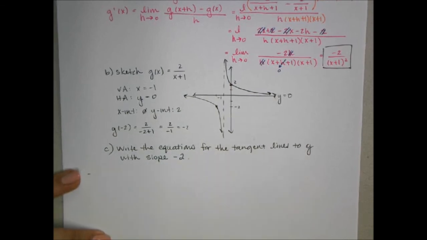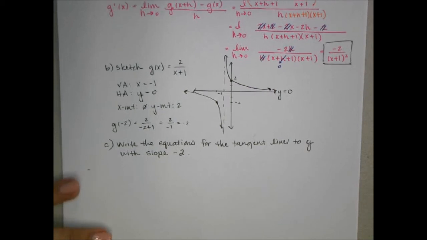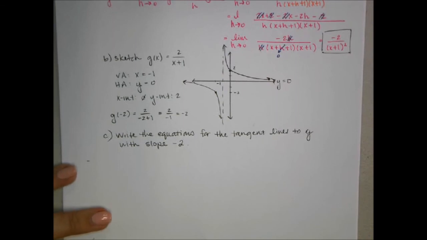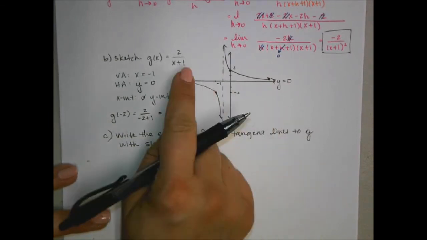So instead of giving you, like in example 1, an x value, this time we're telling you a slope value. So we need to find out when our function has a slope of negative 2.